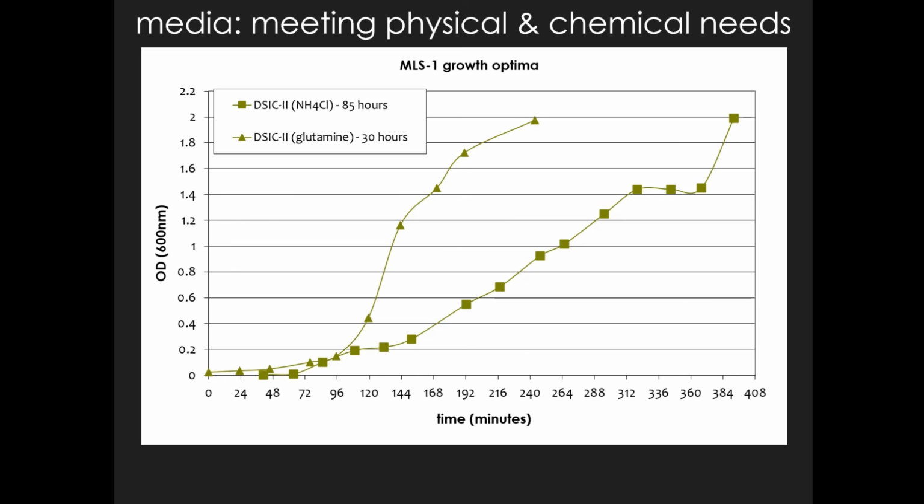Now, that's still not 6 minutes or 20 minutes, but it's about a third of what the generation time was previously. So sometimes making minute changes in the media makes for drastic changes in the generation time and the biotic potential of the organism that you're growing.